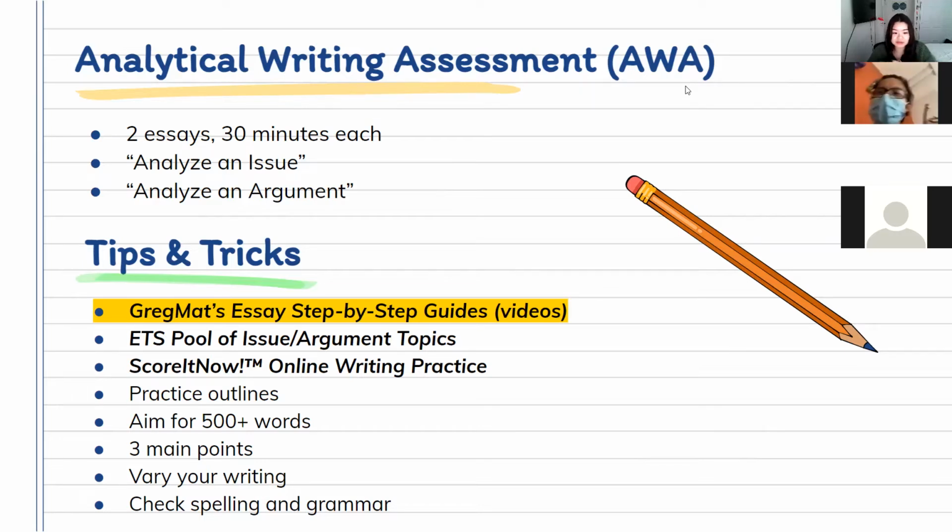And then also there's something called the Score It Now online writing practice. It's just a service sold by the ETS company that allows you to use their automated e-grader to score certain practice essays with prompts written by ETS graders.